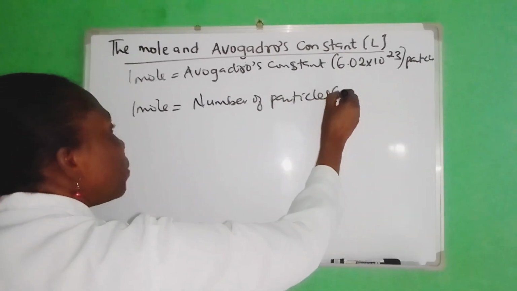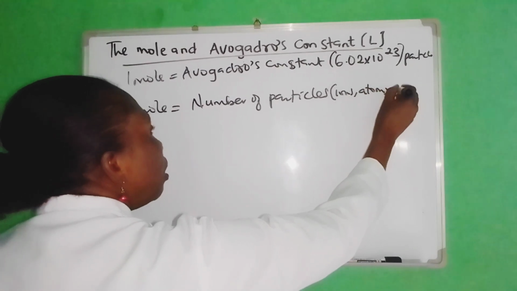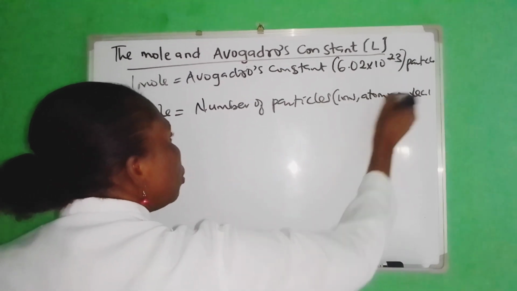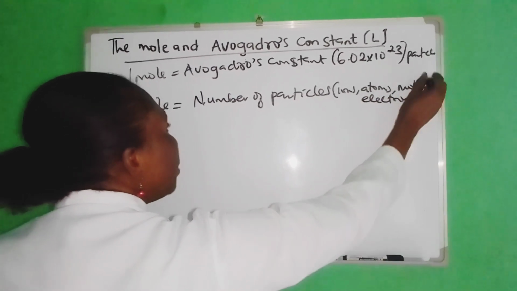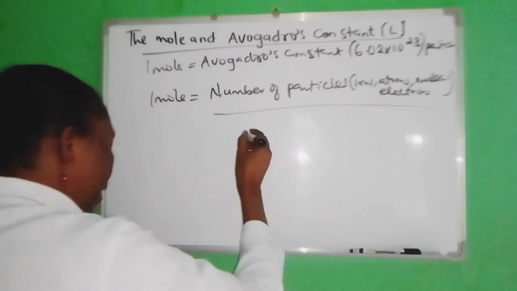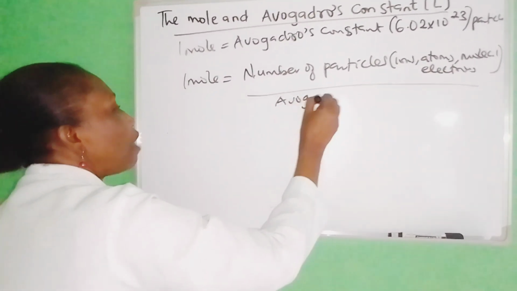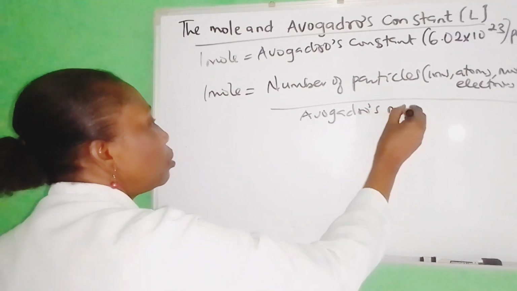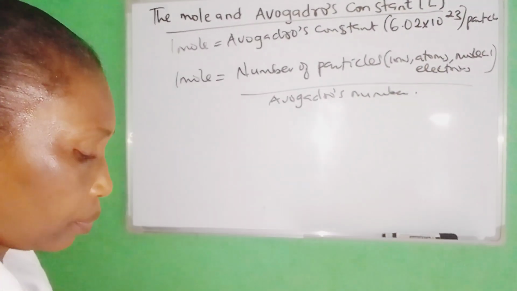Remember, these particles could be ions, atoms, molecules, and electrons. It can be any one of them, divided by Avogadro's number.